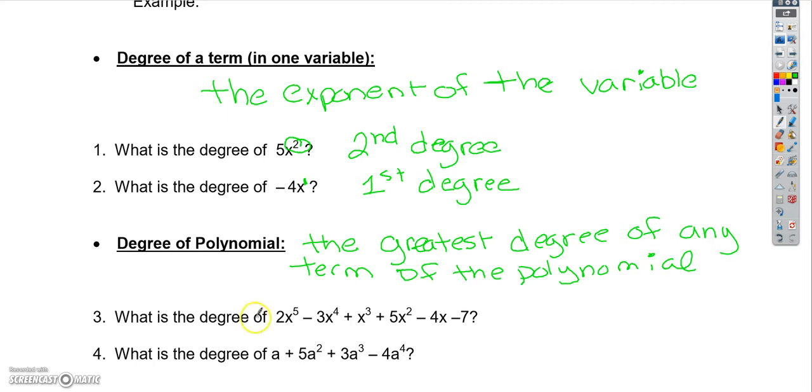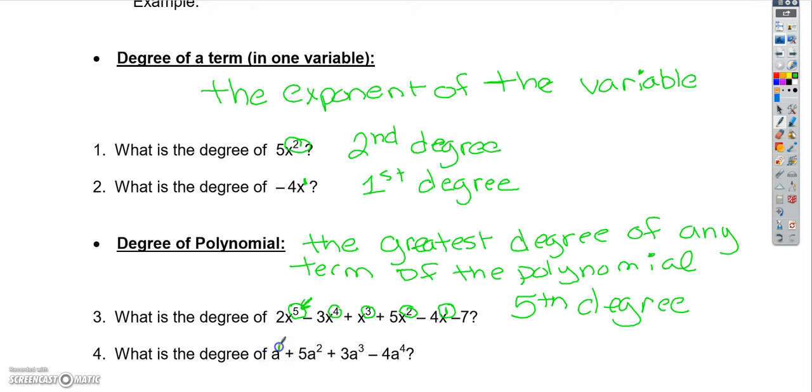So here we look at this. This term is a 5th degree. This term is a 4th degree. This term is a 3rd degree. This term 2. This term 1st. So since 5 is the highest, the greatest degree, this would be a 5th degree polynomial.